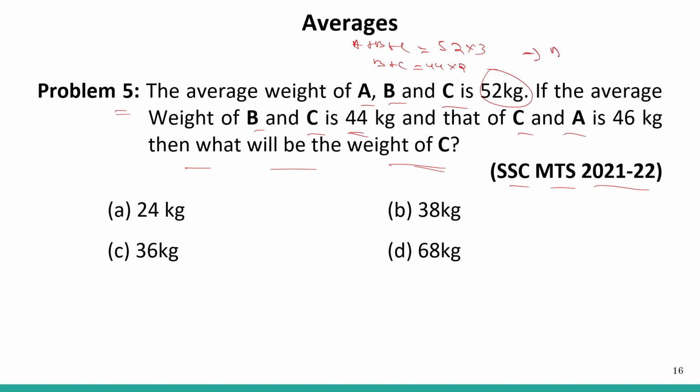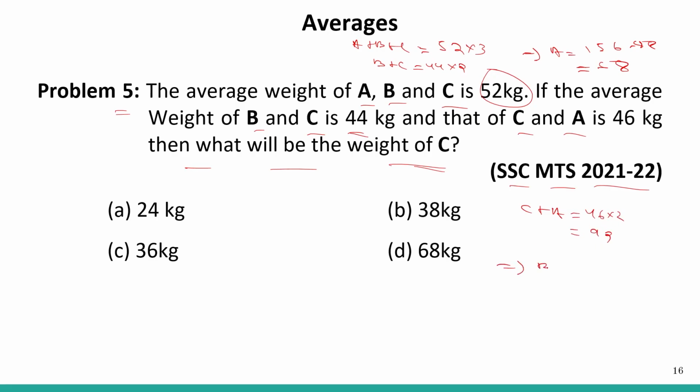So this implies that A is equal to 52 into 3, that is 156, minus 88. So this is equal to 68. And that of C and A is 46, so C plus A is equal to 46 into 2, which is equal to 92.